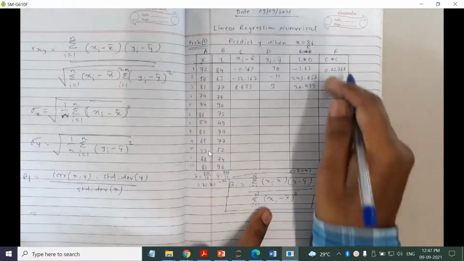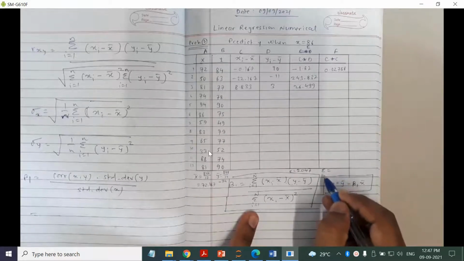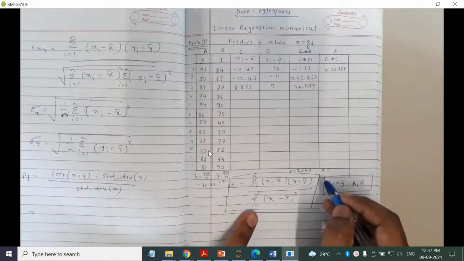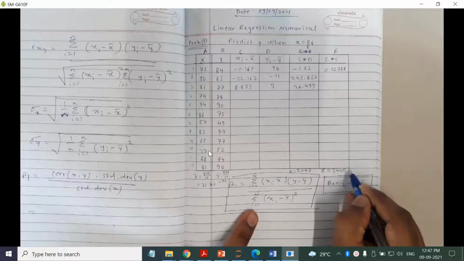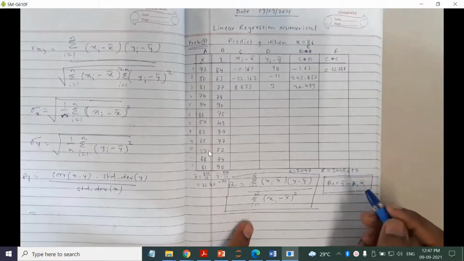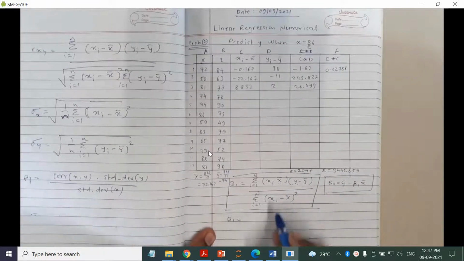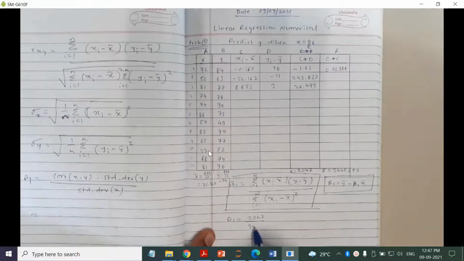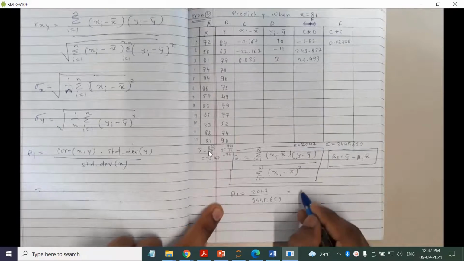Continue for all the samples and take the summation, which comes out to be 3445.659. Now this value is the denominator and 2047 is the numerator, so beta 1 is 2047 divided by 3445.659. The final result of beta 1 is 0.59.